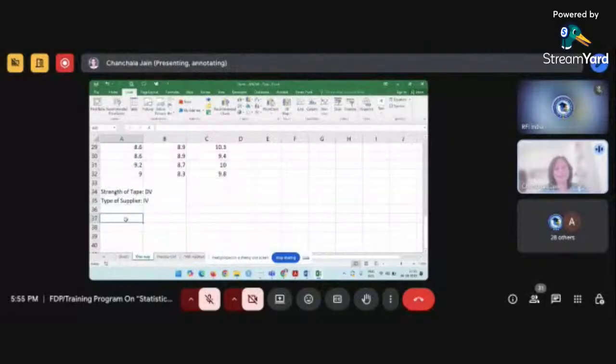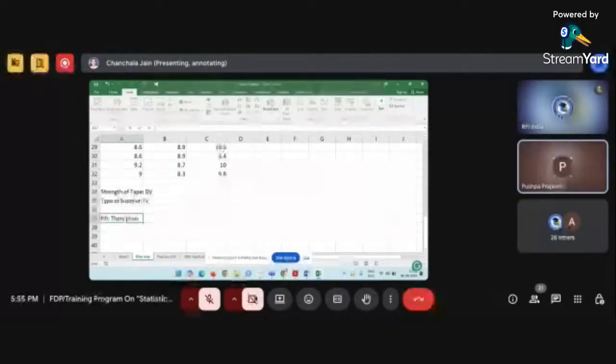Now, writing the null hypothesis. Anyone who will try? What will be my null hypothesis in this case? Purpose I told you, variables I told you. Yes, anyone? There is no significant difference between the mean of the strength of the tapes corresponding to the 3 suppliers.